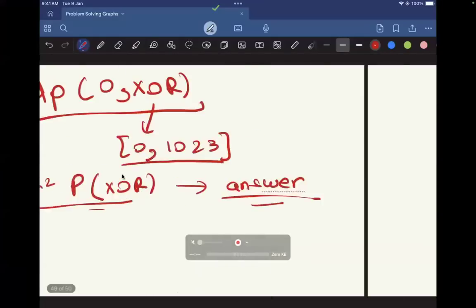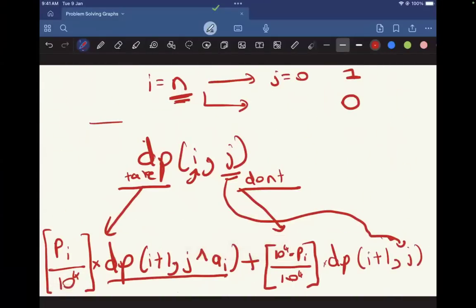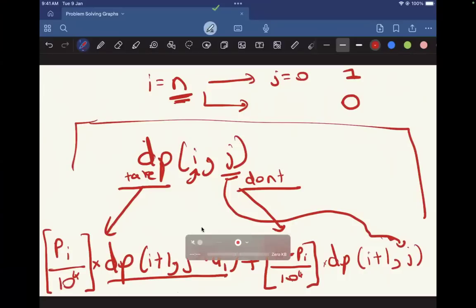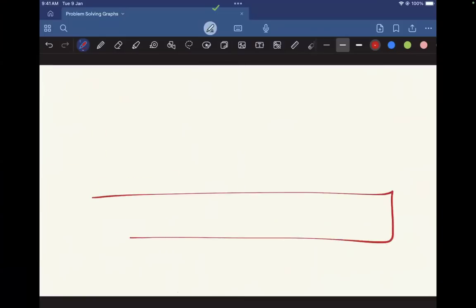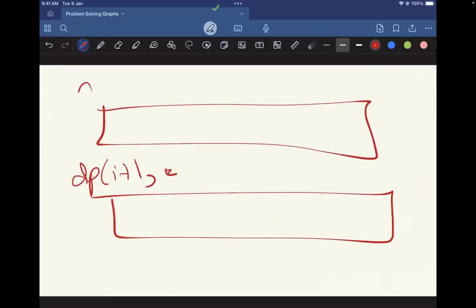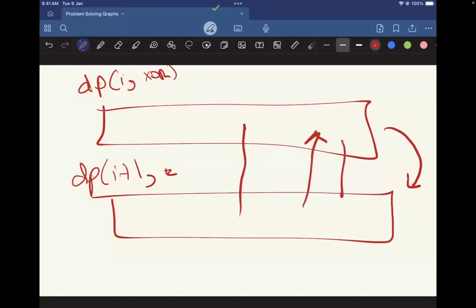Do you notice that we came up with this particular value, like dp of i j depends upon dp of I plus 1? So if I calculate dp of I plus 1 comma everything, do you agree that to calculate dp of I comma whatever XOR you want, I just need this table, which is dp of I plus 1, and then using this table I can calculate this table?